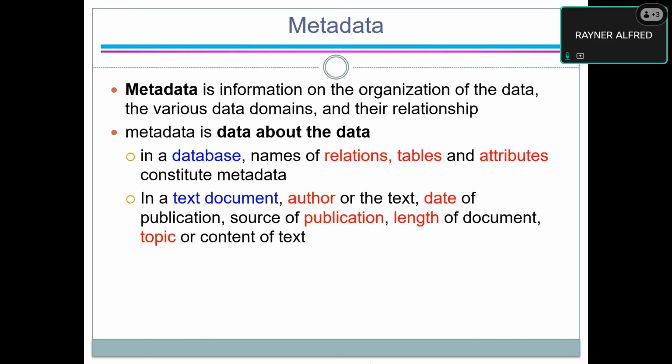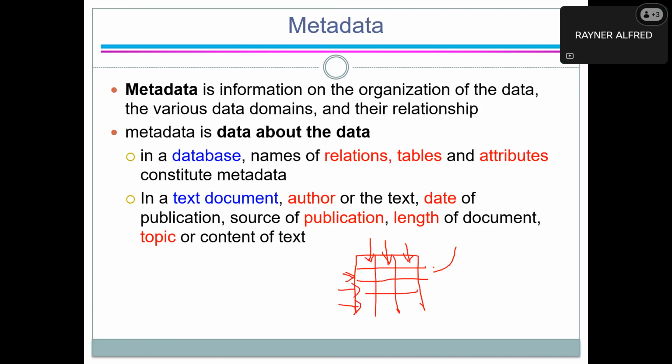So database, normally they have tables, and then they have rows, and then they have column. So the column is the features, and then the rows will be your data. Okay, so this is considered as one table, so it might be linked to another table using primary key.